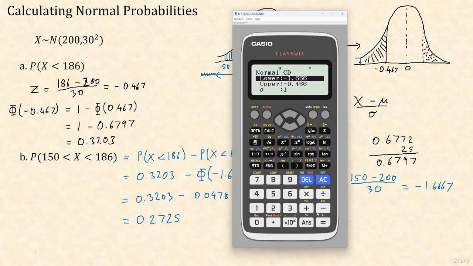The original question said, what's the probability that x was between 150 and 186? The standard deviation was 30, the mean was 200. And there you get your answer, the whole thing in one go.